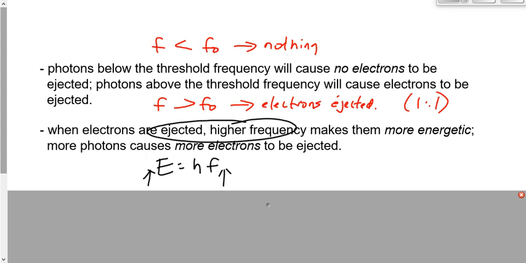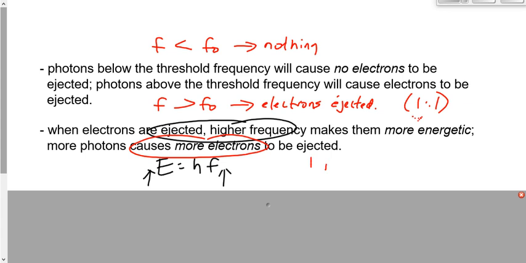So still below the threshold frequency, nothing happens. But if we're above, one photon causes one electron, 20 photons cause 20 electrons, 20 high energy photons cause 20 high energy electrons to be ejected. What about this? Well, if you're above the threshold frequency, more photons will cause more electrons, because it's a 1-to-1 ratio, right?